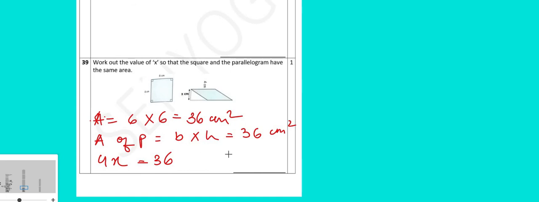Divided by 4 on both sides of the equation, we get x is equal to 36 divided by 4, which is equal to 9. So the value of x is equal to 9, which is our answer for question number 39 right here.